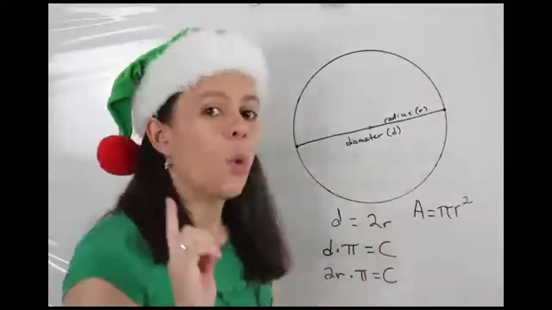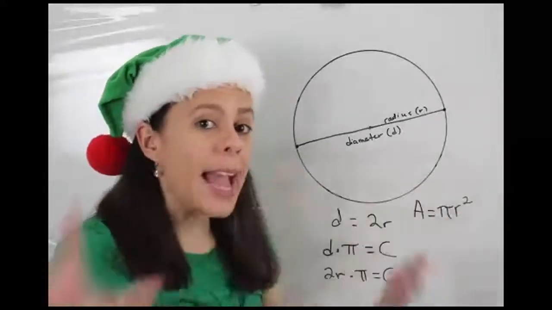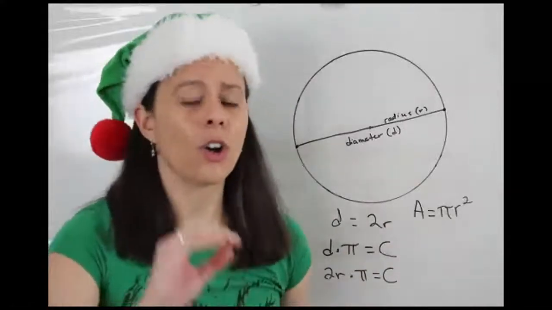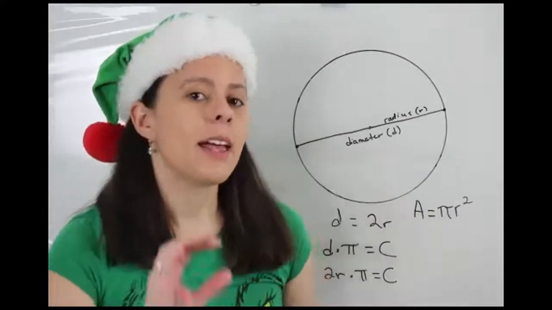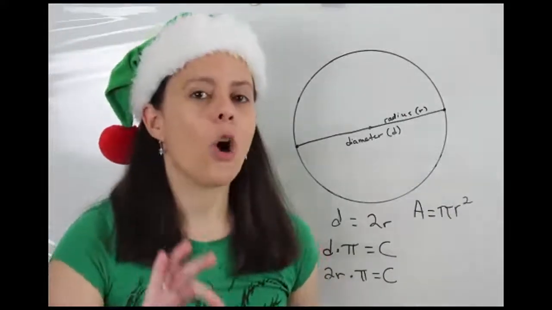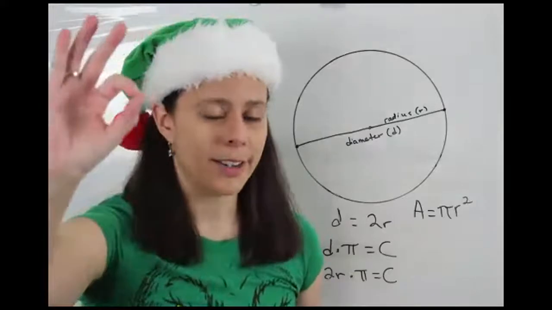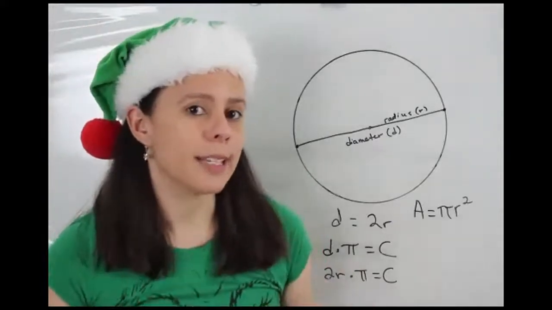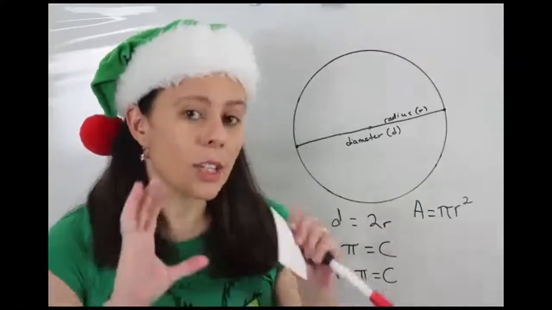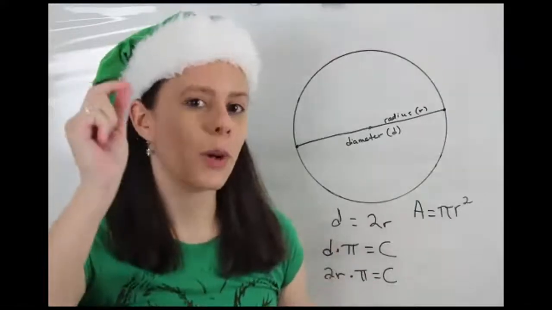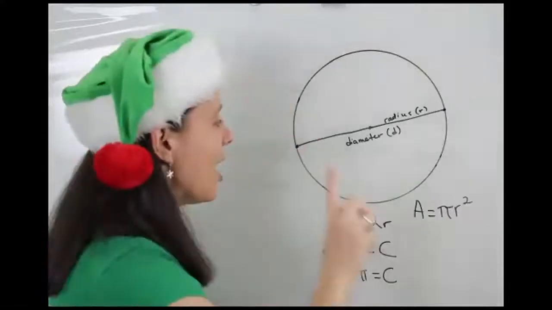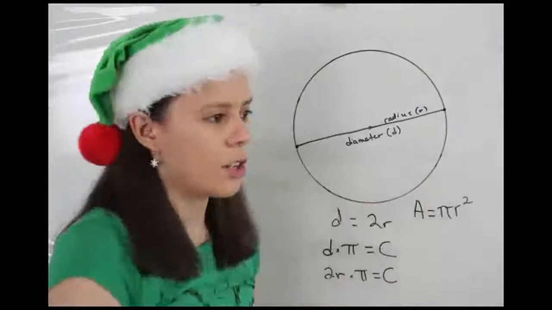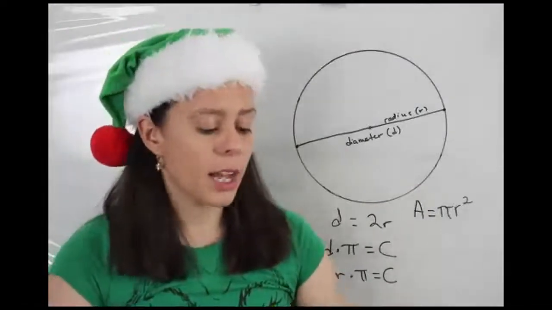Well, when you're finding the area of anything, whether it's a square, a rectangle, a triangle or a circle, the units for the area are always going to be squared. So that's how I remember that the r has to be squared on the area and not on the circumference. I really hope this was helpful.